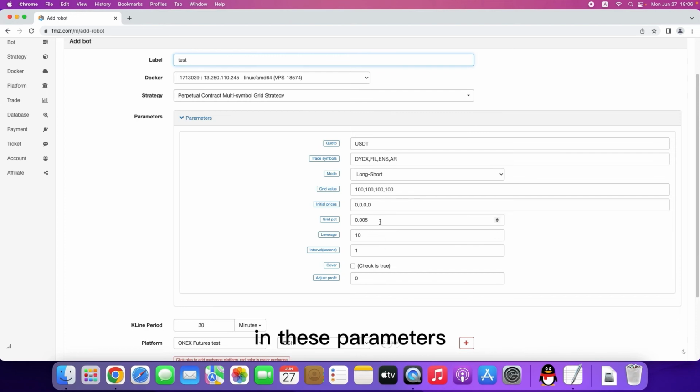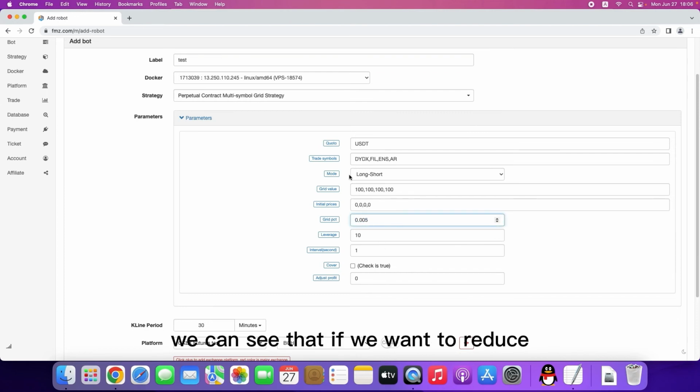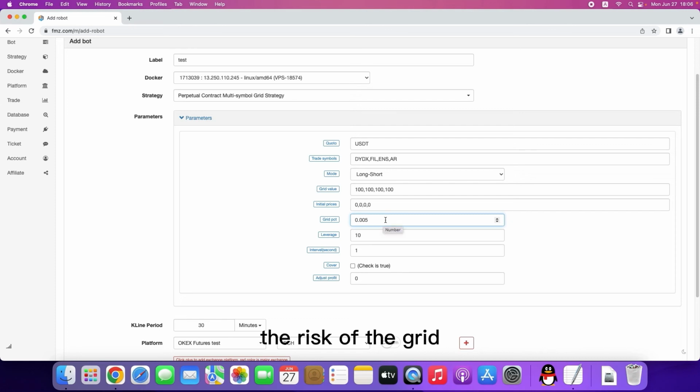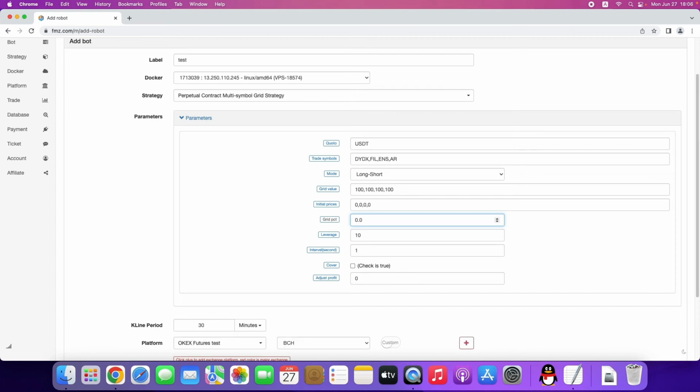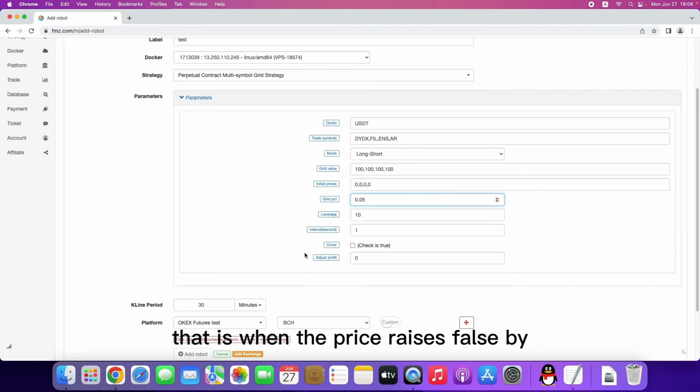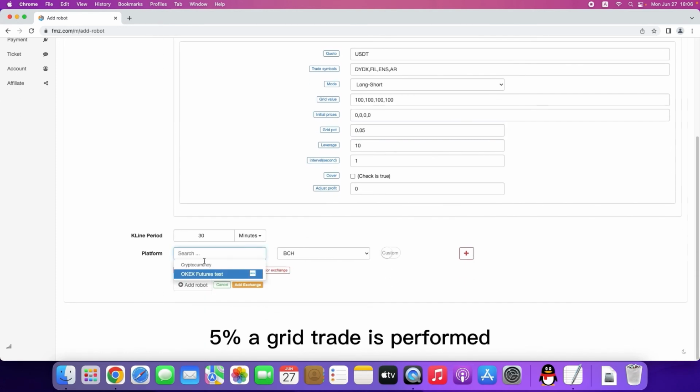In these parameters, we can see that if we want to reduce the risk of the grid, we can increase the distance between each node, such as setting the node to 0.05. That is, when the price rises or falls by 5%, a grid trade is performed.